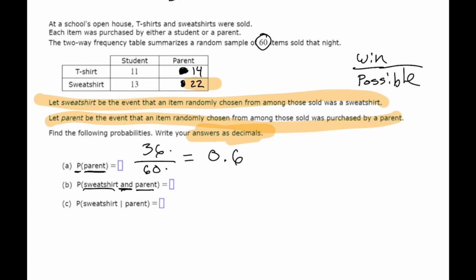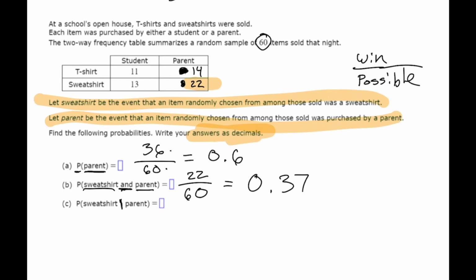If we were setting up our fraction, the 22 there would be considered a win. Over how many were possible? Well, there's 60 items sold that night. 22 divided by 60. I'm going to round this here to get 0.37. That would be rounded though.